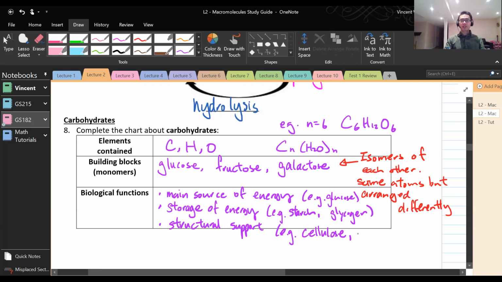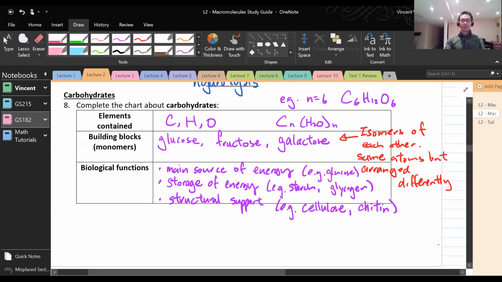And also the exoskeleton of insects, and crustaceans like crabs and lobster, they have chitin. So these are the examples related to the biological function.